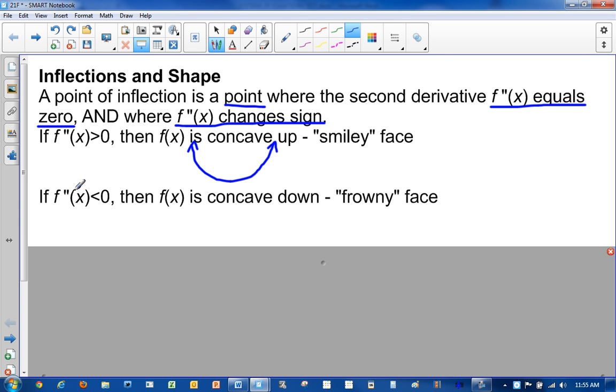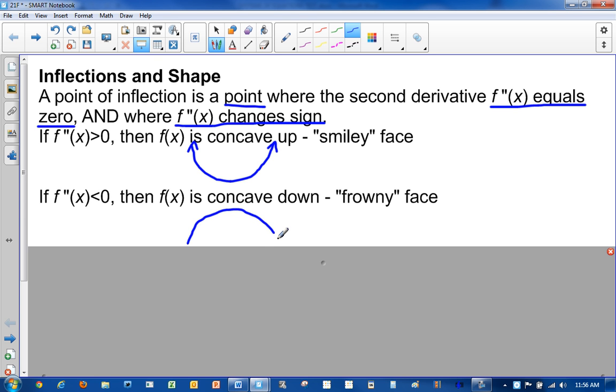And then conversely, if I have the second derivative less than 0, that means that my slopes are decreasing. So let's say I'm starting off with a very large positive slope, and then I want my slopes to become less positive, less positive, less positive, until I get to a slope of 0, at which point my slopes will keep decreasing, meaning my slopes will get more and more negative.